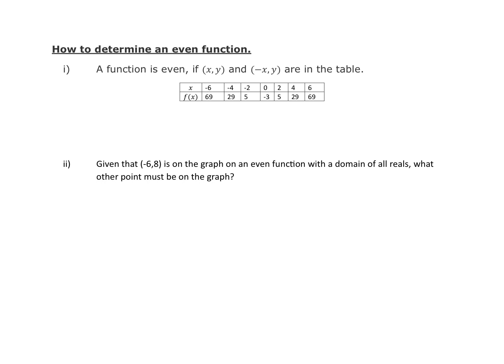Okay, now let's look at some examples here. If I have a table, how can I tell whether this is an even function? A function is even if x, y and negative x, y are on the table.